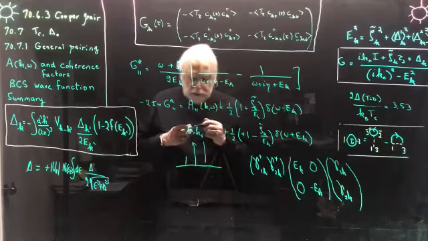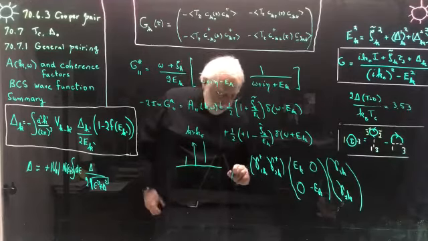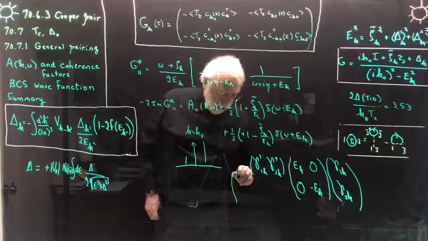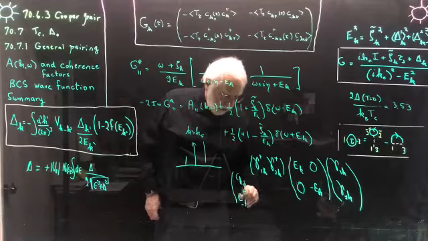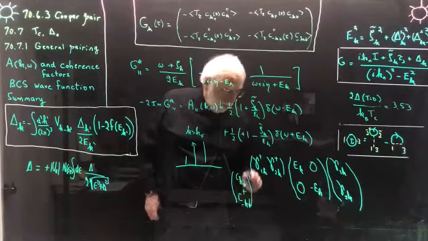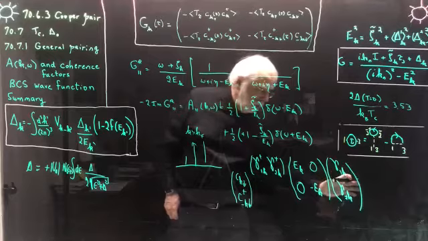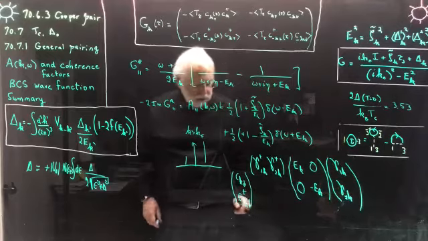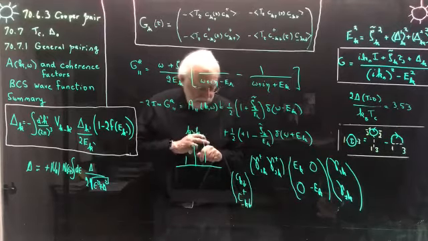And there's a unitary transformation that goes from the Nambu spinor, Ck up, C dagger minus k down, to these quantities.